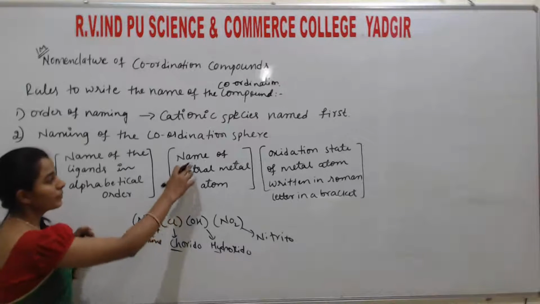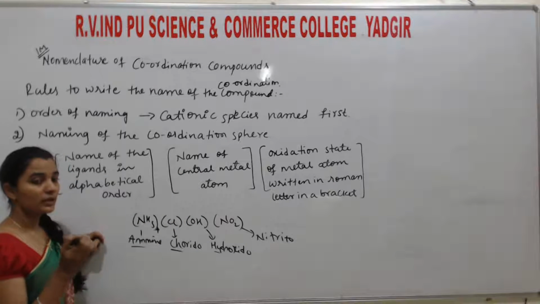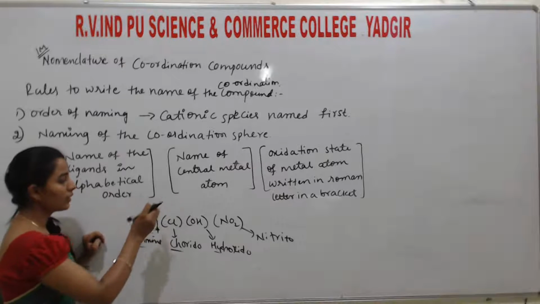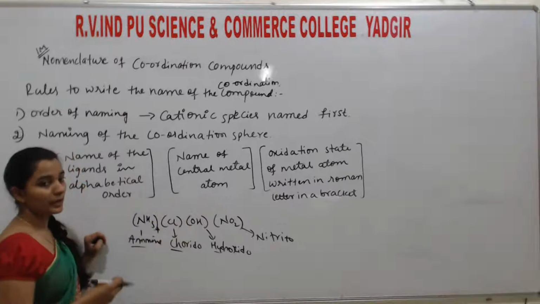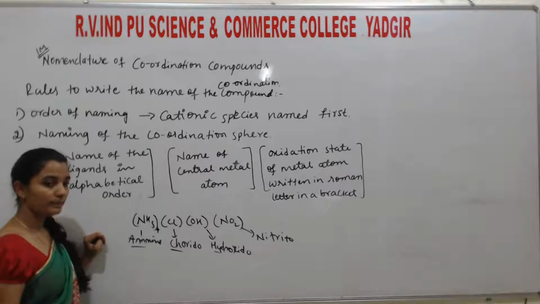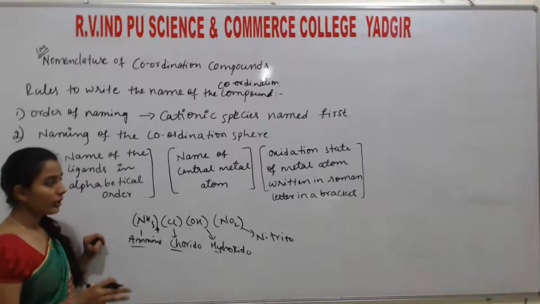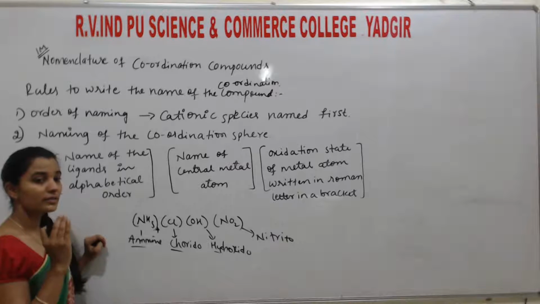Next, the name of the central metal atom, based on the complex, whether it is an anionic complex or a cationic complex. Then we have to write the name of the compound. If it is a cationic complex, the metal is named as it is: iron is iron, cobalt is cobalt, or nickel, like that. If it is an anionic complex, if iron is there, then it is named as ferrate.